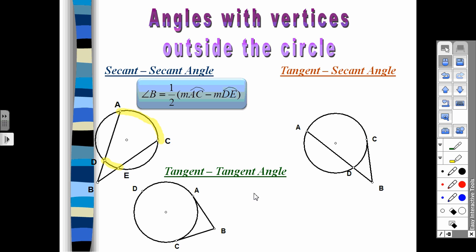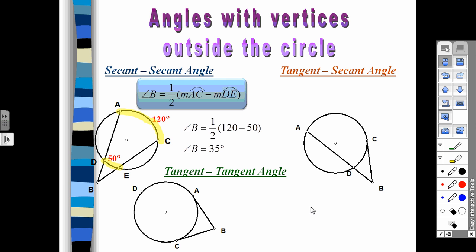Okay? So let's see, if we had an example here where I told you arc AC is 120 degrees and arc DE is 50 degrees, if we wanted to figure out the measure of angle B, we plug it in, 1/2 of 120 minus 50, well that's 70 divided by 2 is 35. So angle B would measure 35 degrees.